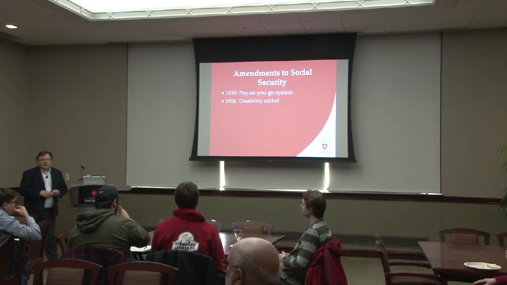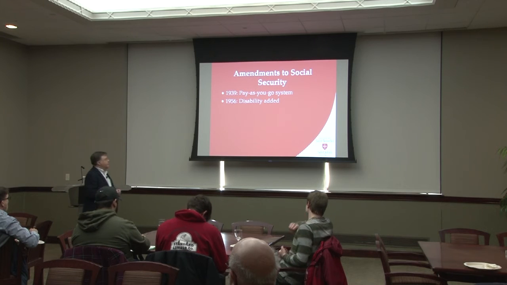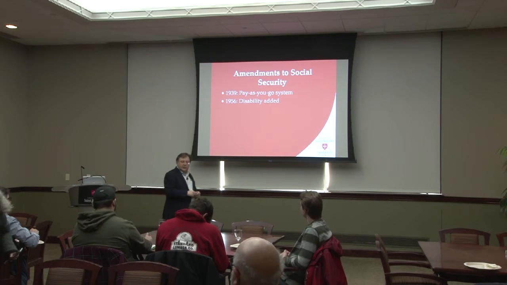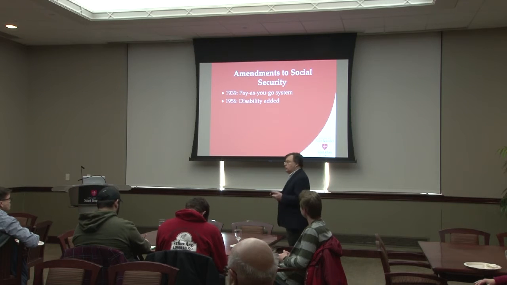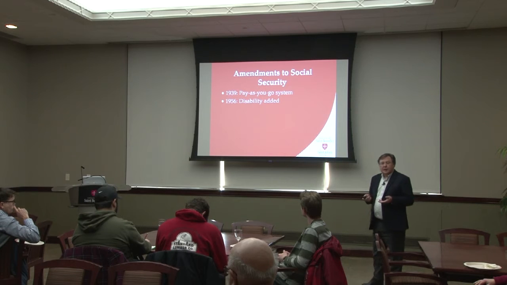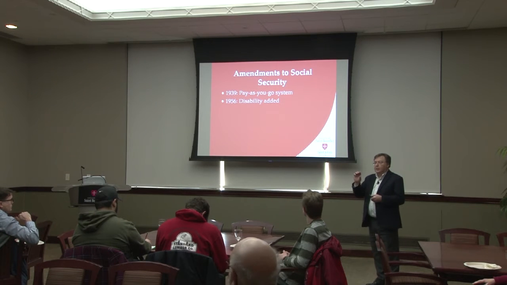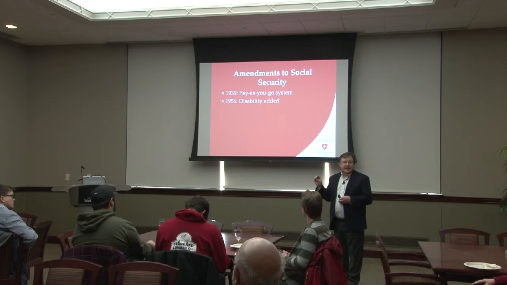In 1956, disability was added to the program, so that if you had some kind of physical or mental disability, also including disability created through, say, a work accident, you could earn Social Security benefits. So if you look on your paycheck, you'll often see a line that says OASDI.